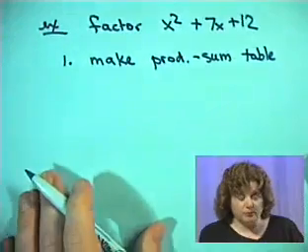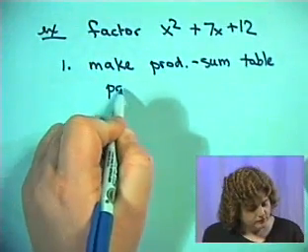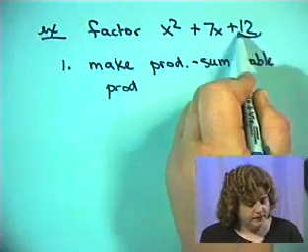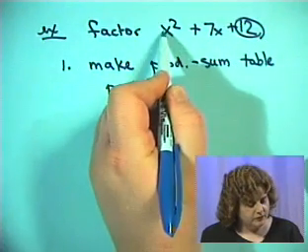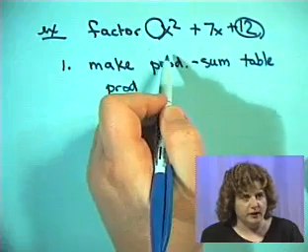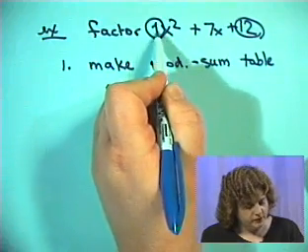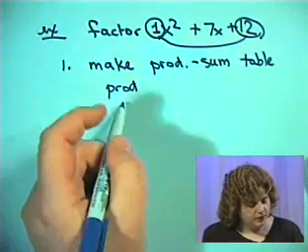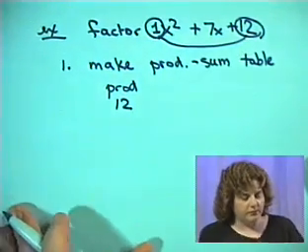And we have to decide what product we're looking for. Well, the product is going to be the constant term, which is 12, times the coefficient of x squared. Remember, out in front of x squared, we have this 1 hidden. So we have 12 times 1 leaving us with a product of 12.